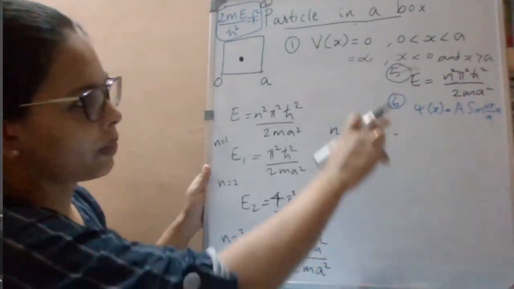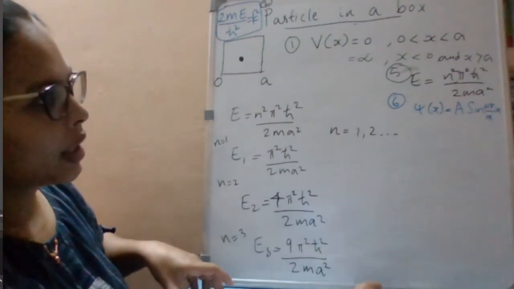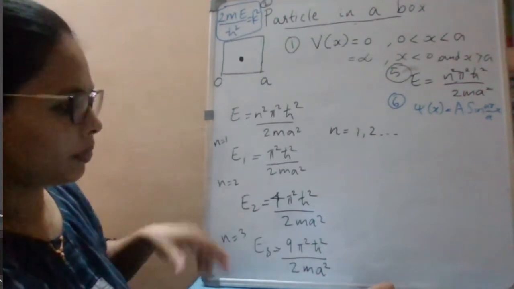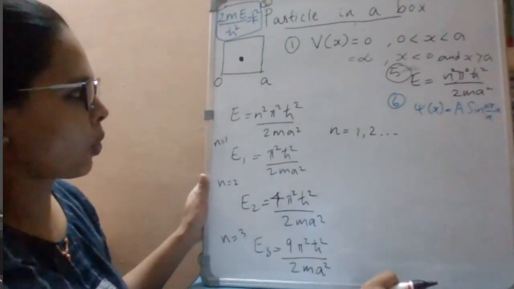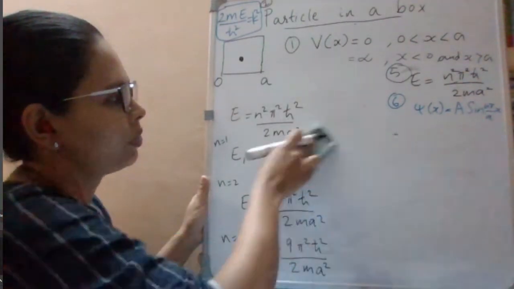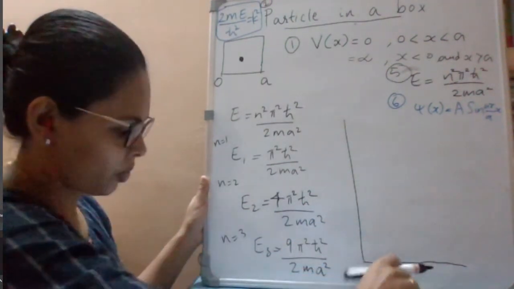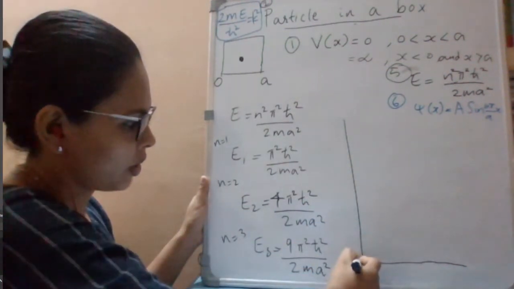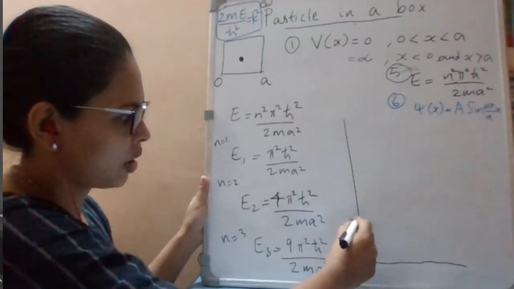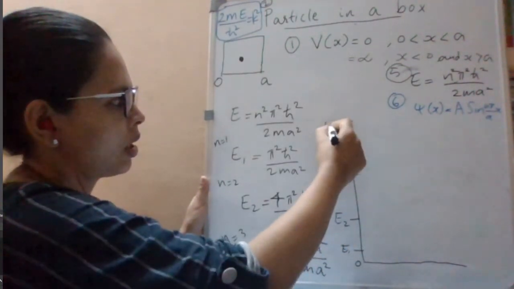Now let us go for the expression of the wave function. We have psi of x is equal to A sine n pi x by a. I think we can plot this and check how it looks. When we plot this, this is 0 energy, this is E1, E2, E3, E4.